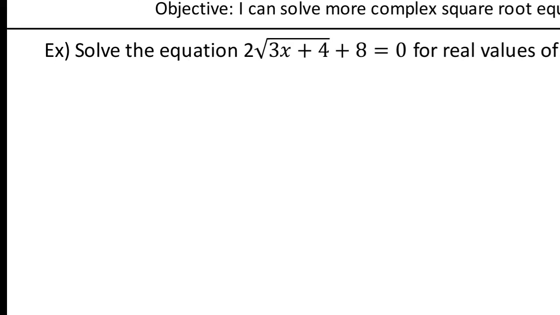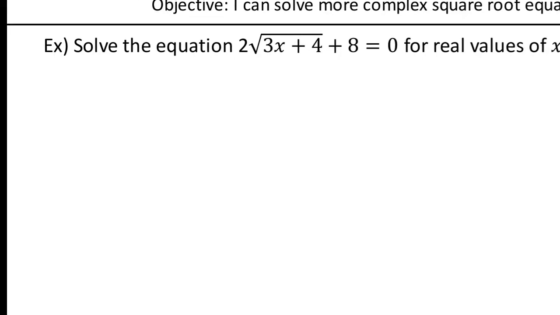So let's go ahead and look now at our next example. But again, I don't know why they put them in the middle of the sentence, but let me rewrite it. We have a 2 on the outside, square root of 3x plus 4, with the plus 8 on the outside equal to 0.